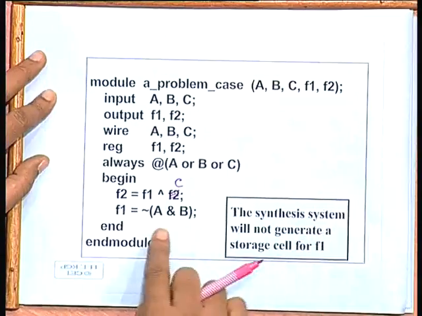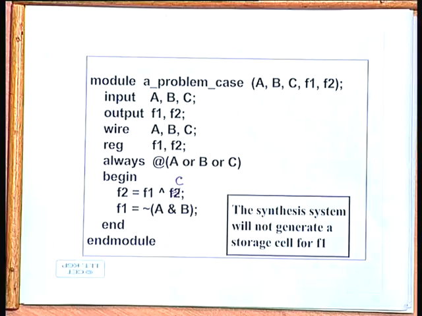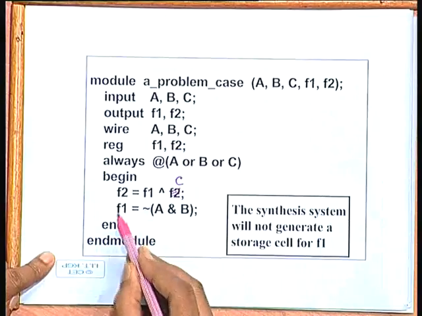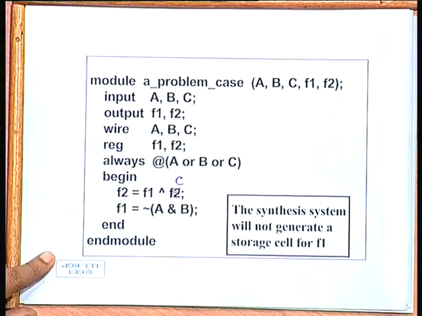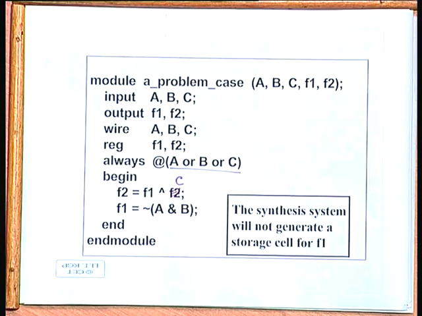But what the user was thinking, if you had to implement that, then you needed a latch or a register, because in one step of the iteration you are calculating the value of F1, and in the next step, when one of the inputs changes, you really do not know when the input is changing. The input may change 1 hour later, but you will have to hold the old value of F1 till that time occurs.